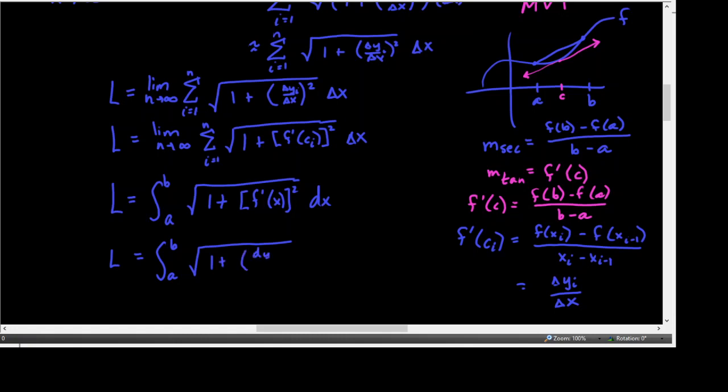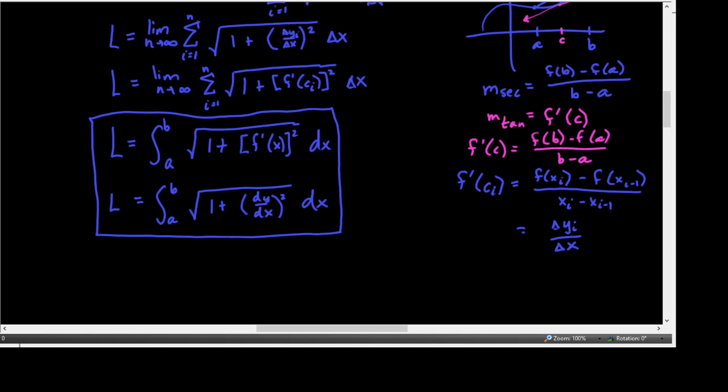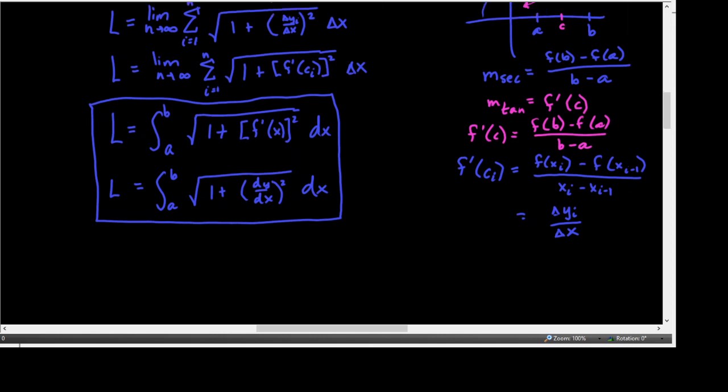It's just a different notation. Those are your two versions of the arc length formula. One with prime notation, one with Leibniz notation, dy dx. Okay, so that is the arc length from a to b along the curve f. All right, so that's now defined.